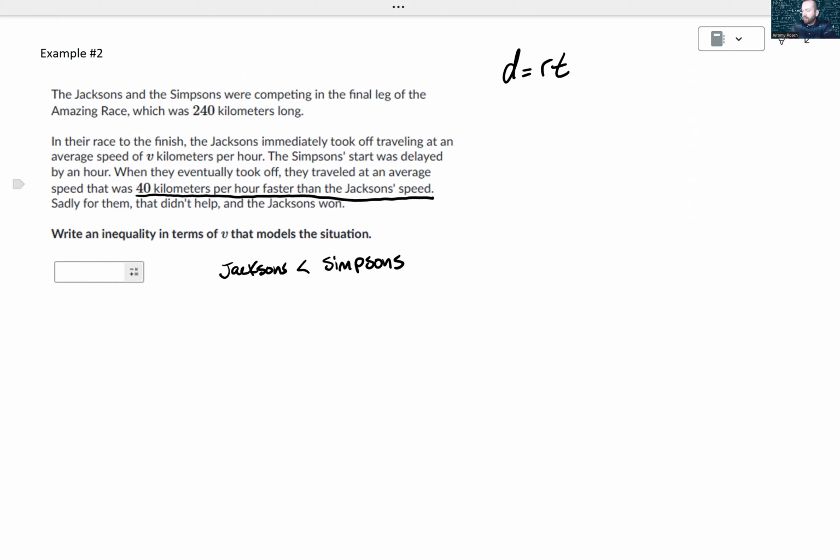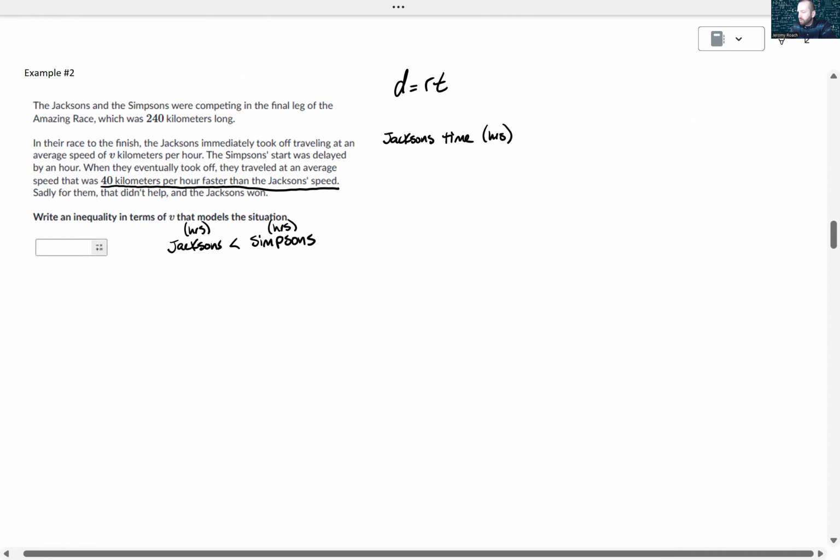And we're comparing their time in hours to the other people's time in hours. So we're just comparing time and time. But now we need to figure out how we can represent the Jacksons' time in hours, and then how we can represent the Simpsons' time in hours.